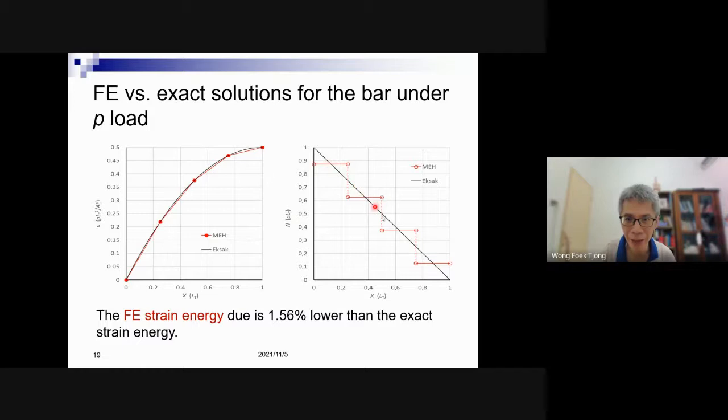That's the right interpretation because that exactly matches the exact solution at the middle of the elements. This is element 1, 2, 3, 4. For example, the finite element gives maybe 0.88, but we should interpret that as the normal force not at the left or right end, but at the middle of the element.